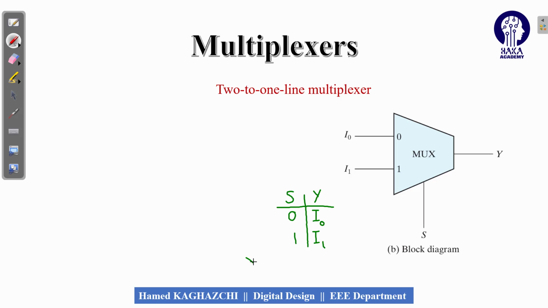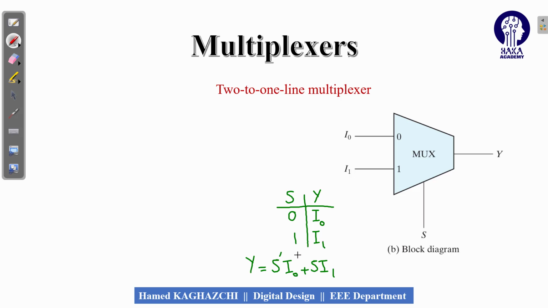According to this concept, I can say that Y is equal to S prime I0 plus S I1. Because if I get S as 0, here will be 1 I0 plus 0 I1. So it means that we will have I0, and similarly for the 1.